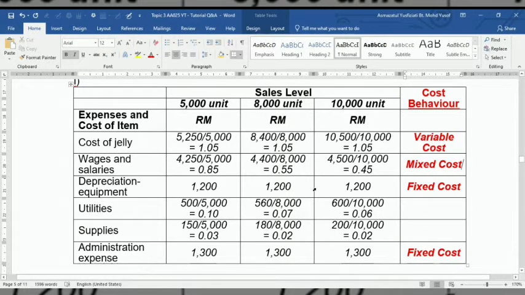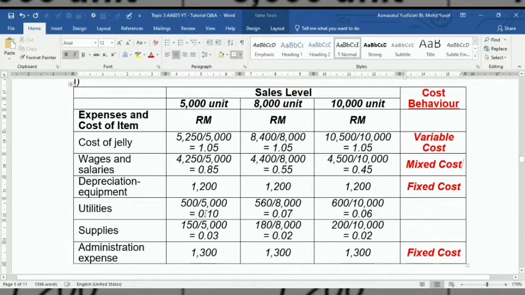Okay, and then next is the depreciation equipment. Okay, the depreciation equipment just now we already determined where all the total cost is constant or same. So this is the fixed cost. So you don't have to calculate the cost per unit. Okay, now we move to utilities. Okay, in utilities you can see that the total cost is not same. The cost per unit also is not same.